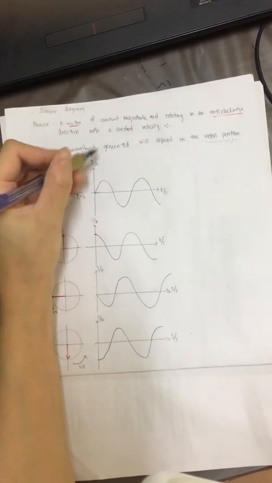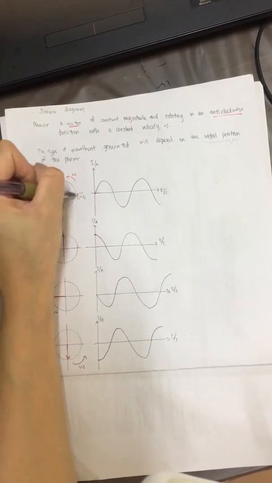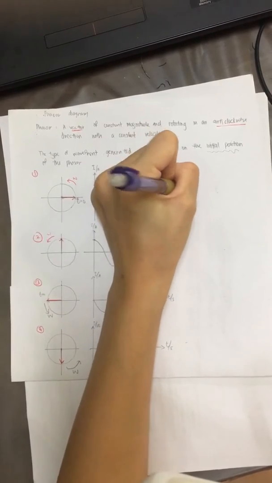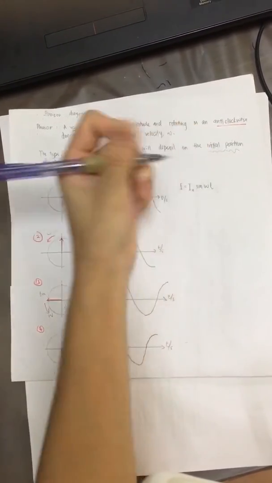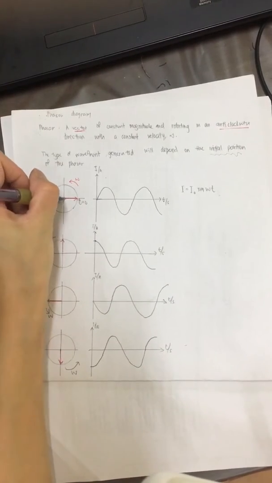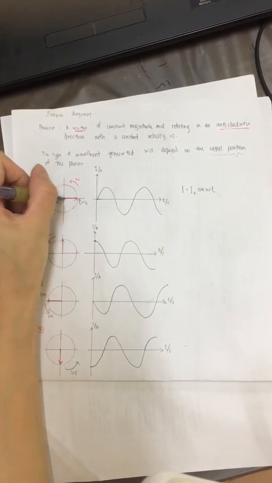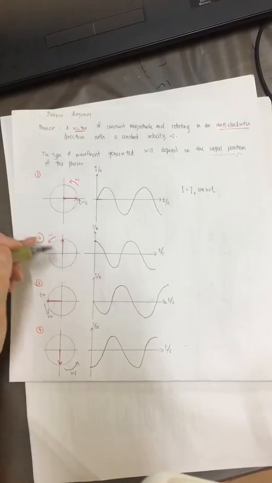Let's say this phasor is a current. It can be written as I equal to I naught sine omega t.